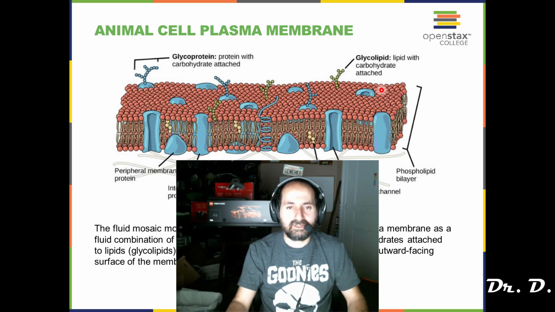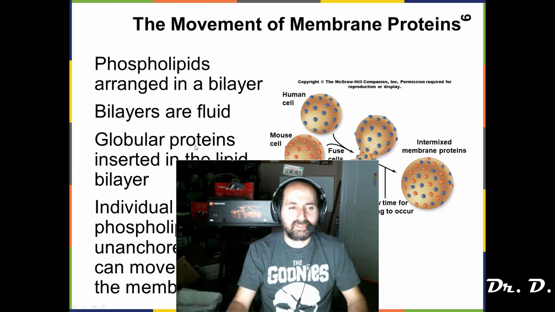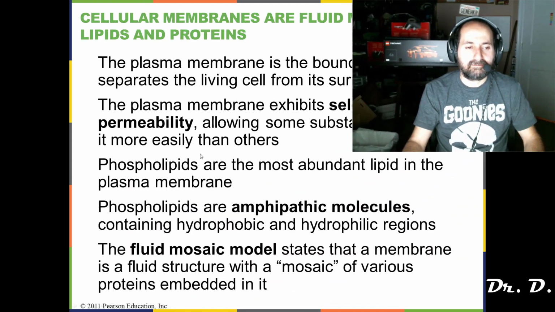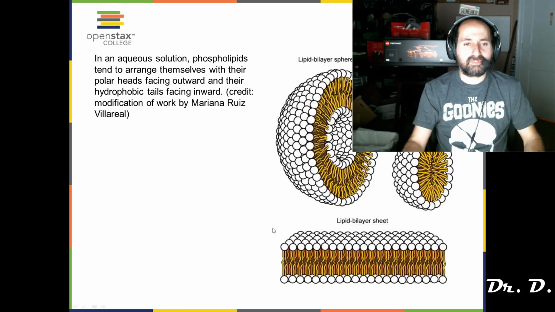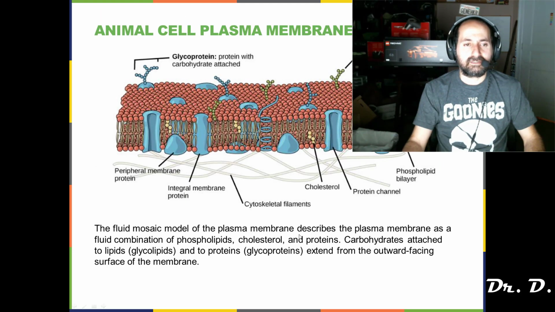But anyway, you see how you have all these different components in the membrane? Well, that's called a mosaic. The membrane is actually a fluid because the phospholipids float around. So the membrane is considered a fluid mosaic model.